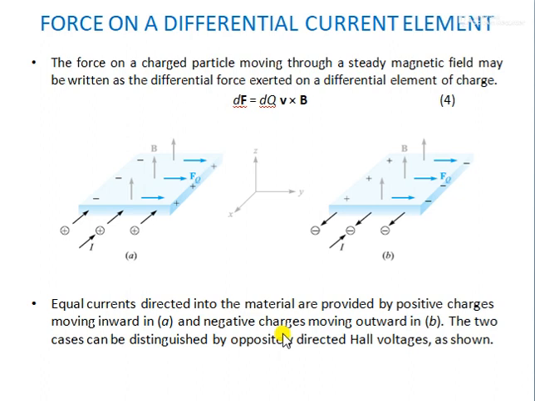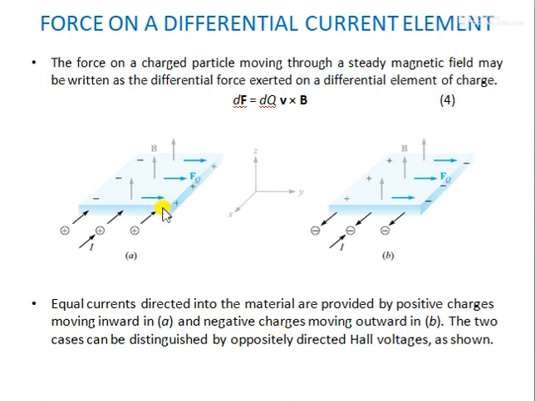The Hall effect is used to measure the magnetic flux density. Hence the Hall effect is useful in determining whether the given semiconductor material is P type or N type, as the Hall voltages for the materials are different.